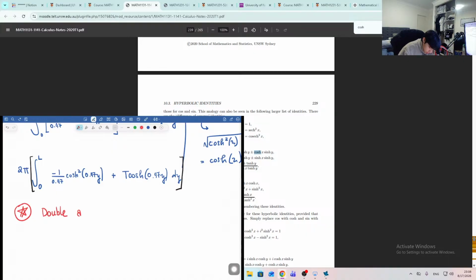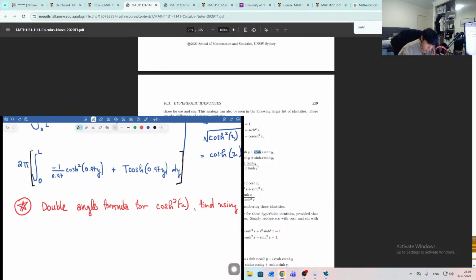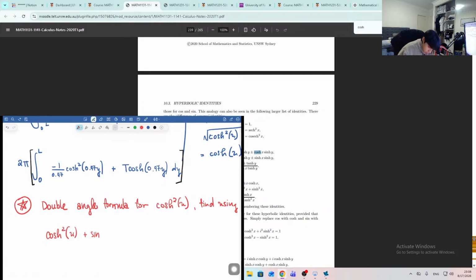Double angle formula for cosh squared u. Find using cosh squared u plus sinh squared u equals cosh 2u.